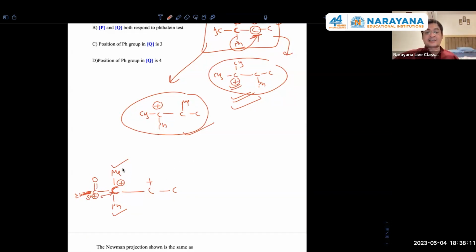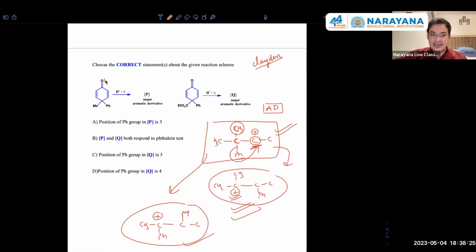So in such a case, instead of migration aptitude, you have to remove that culprit group which is going to create instability. There we should not check migratory aptitude. Now in this case, if you protonate here, the pi bond shifts like this, and here we are getting the cation. The next will be better than the previous one, so simply check migration aptitude.